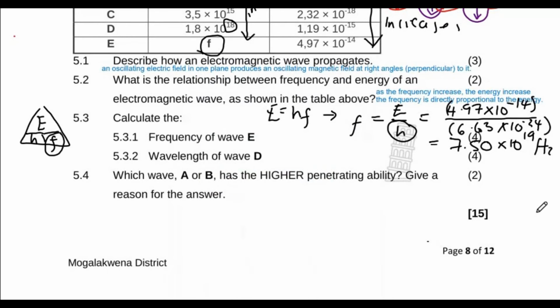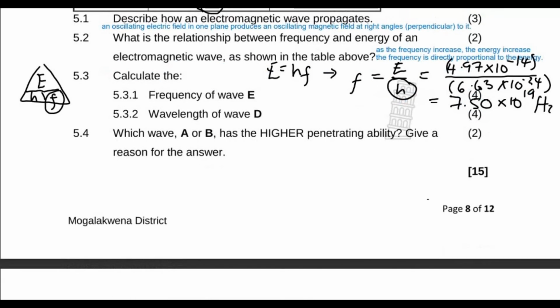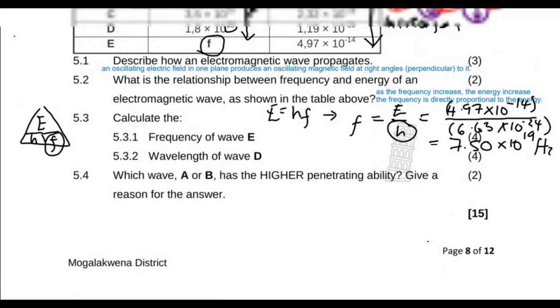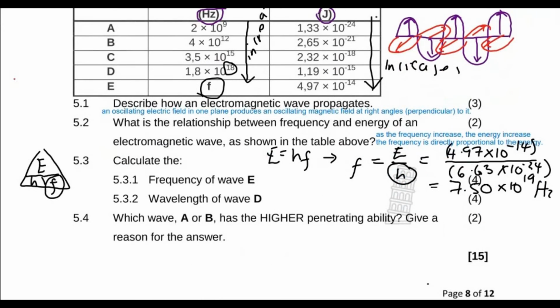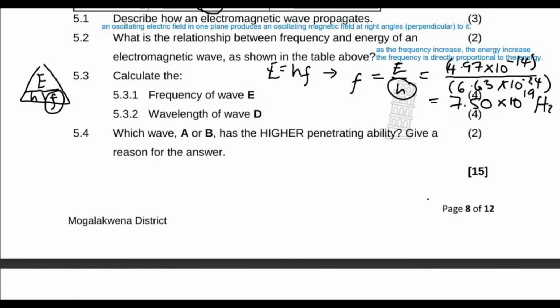So now we need to calculate the wavelength of D. There are many ways of doing this, but I'll use the simpler, straightforward way. One of the equations for the speed of an electromagnetic wave in vacuum is C equals F times lambda. Draw a triangle for this.